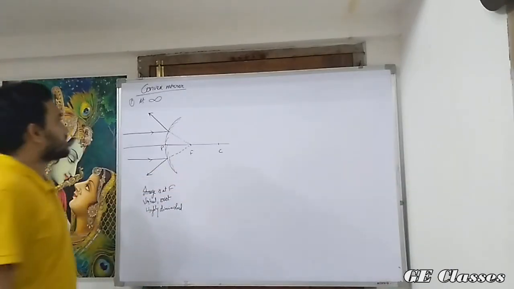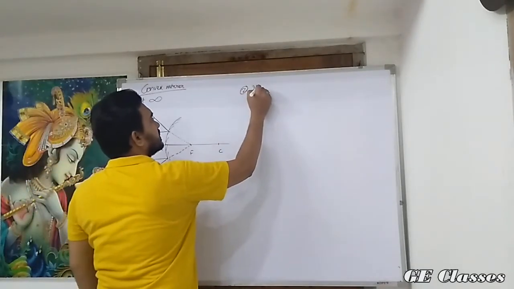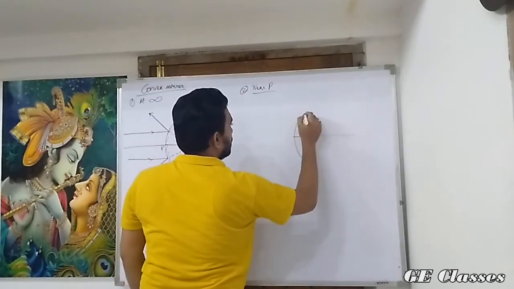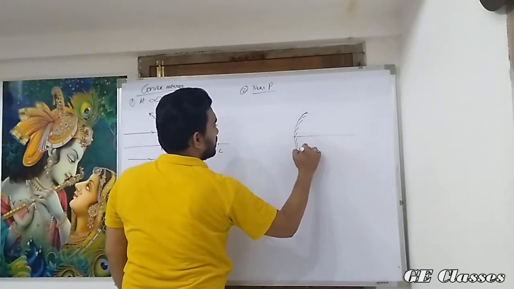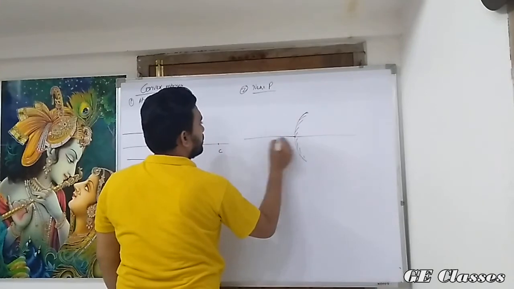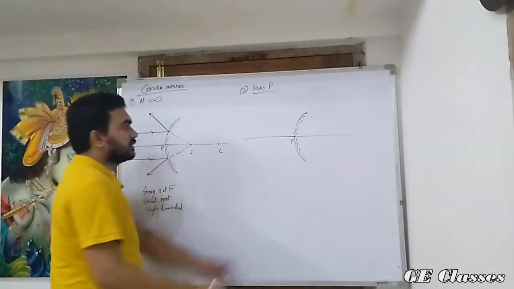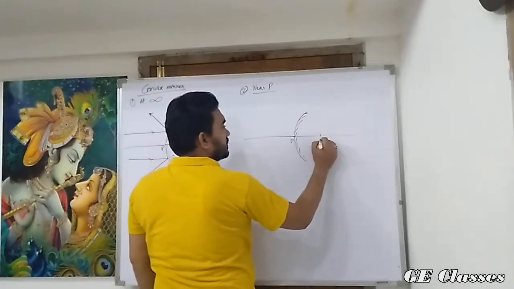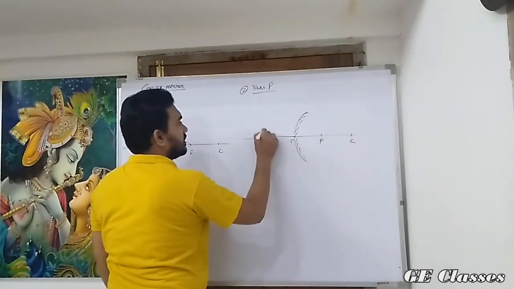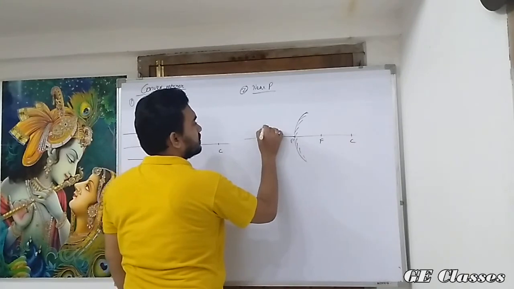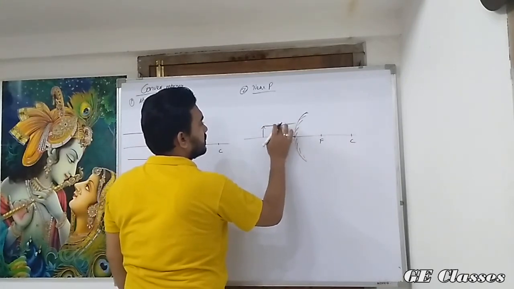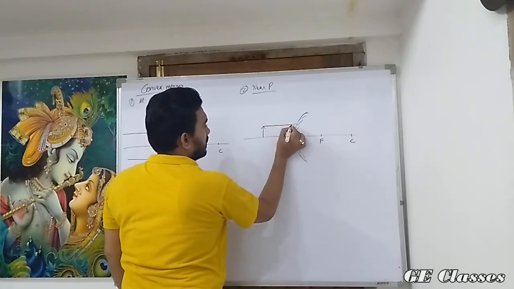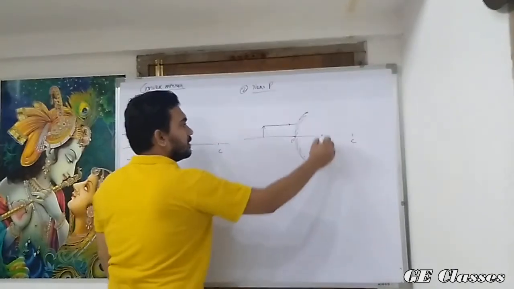So the second case is near P. For a convex mirror, any point apart from infinity is near P, whether it is here or there. So this is my F, this is my C. Let us take an object here. One of the rays is parallel.